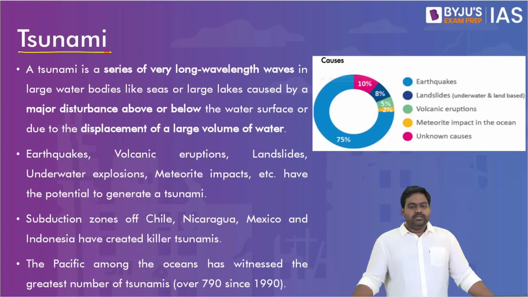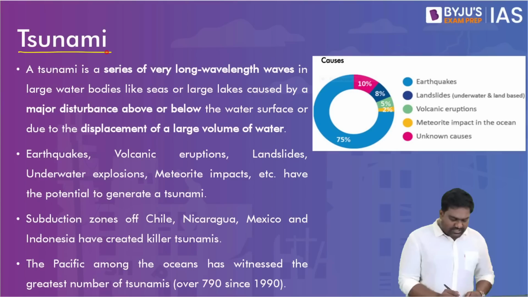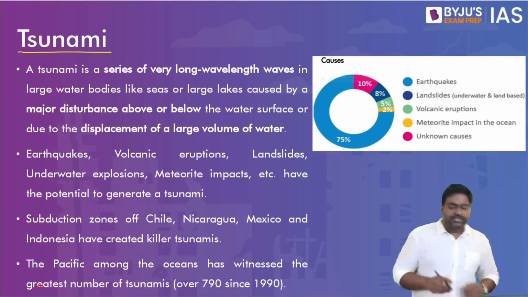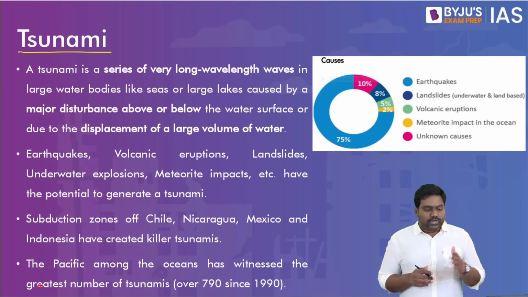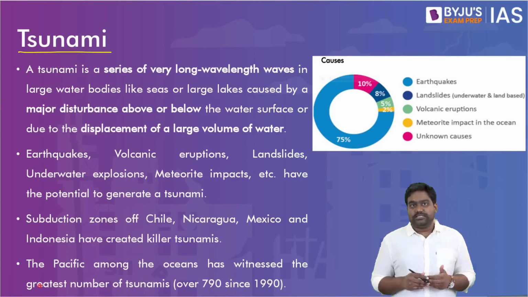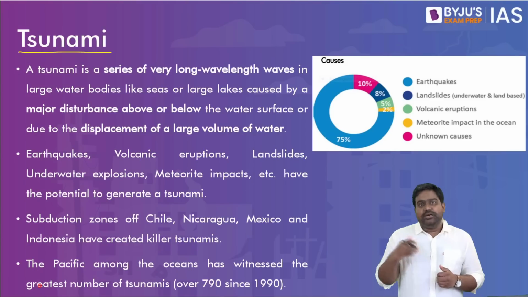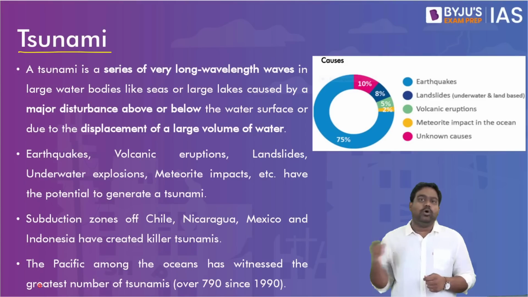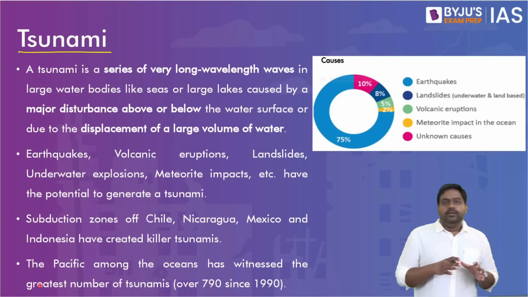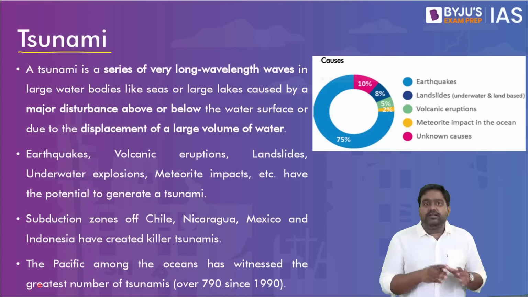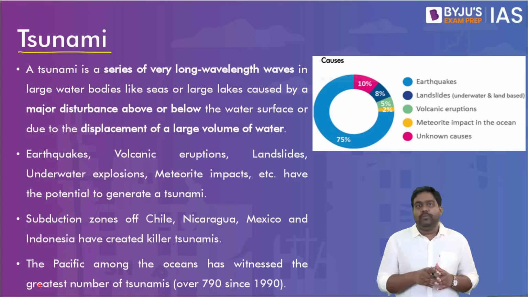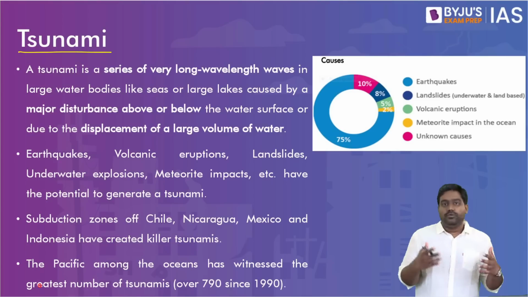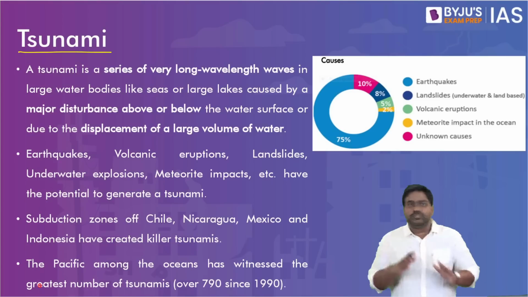Okay. So now let's move to the next topic, which is tsunami. Tsunami is also a geophysical hazard that is linked with earthquakes, volcanoes, and underwater landslides. It's essentially a result of geophysical phenomena which is triggering the tsunami, right? See, tsunami is basically a massive wave that crashes into the coastline.